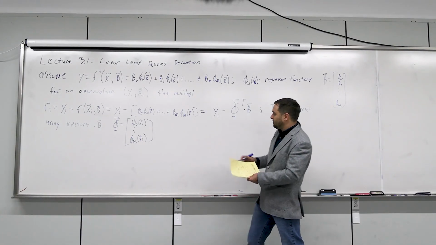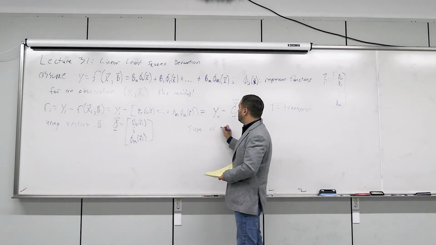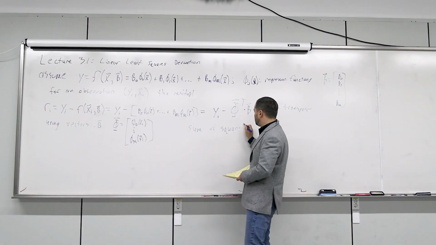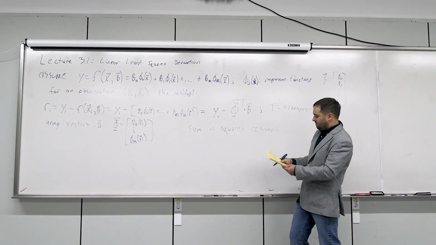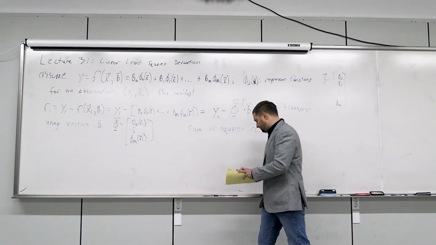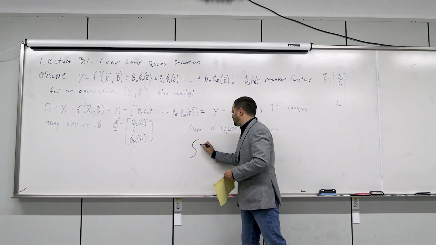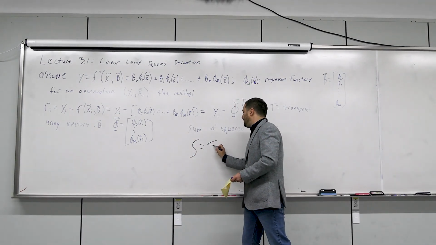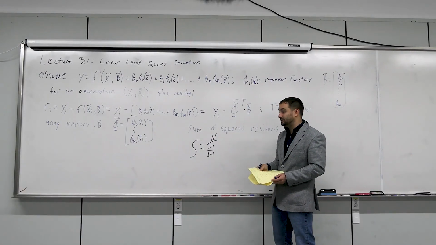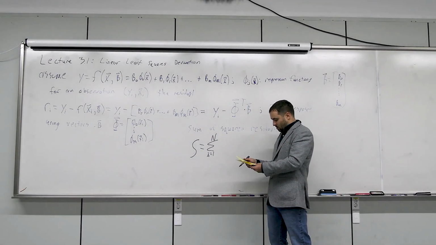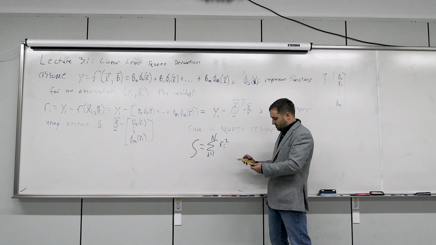Then we can define what's called the sum of squared residuals. Let's define S equals the summation from i equals 1 to n, where n is the number of data points in our data set, of R_i squared.